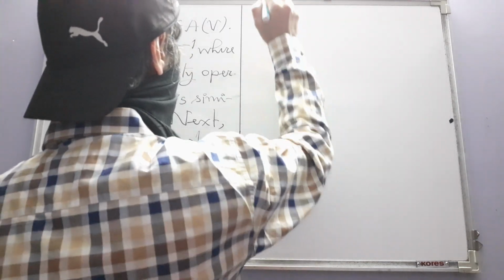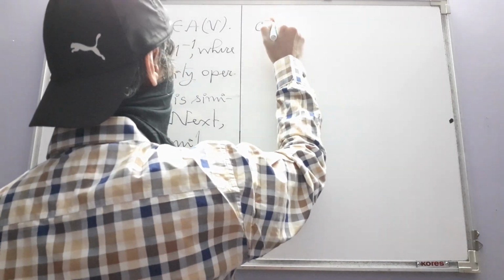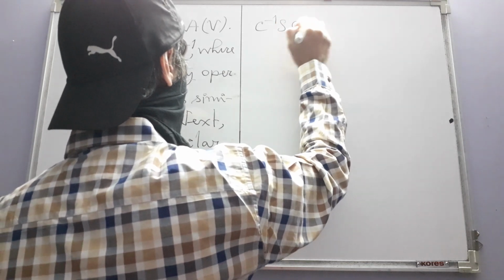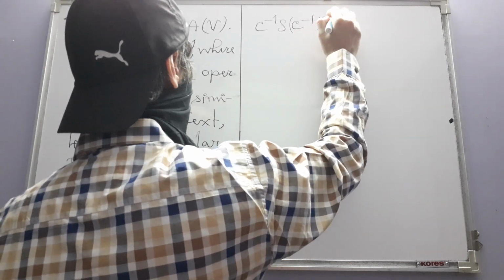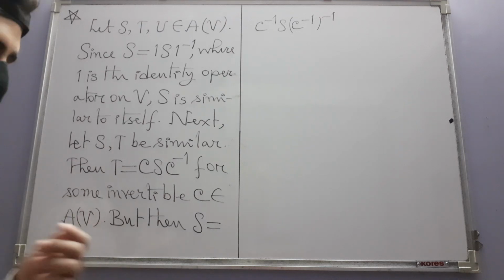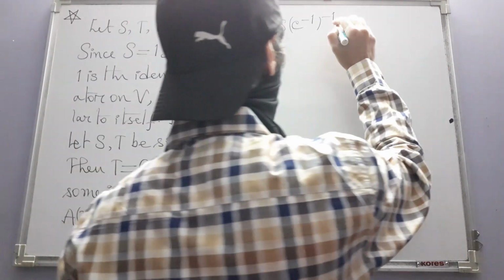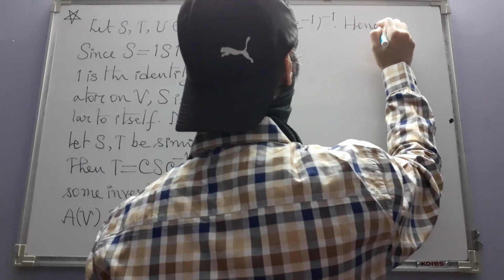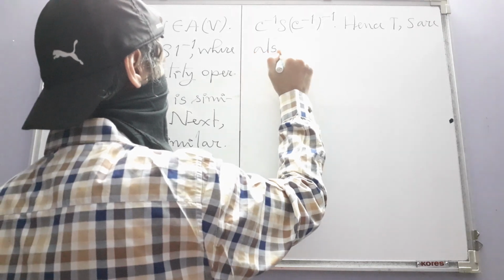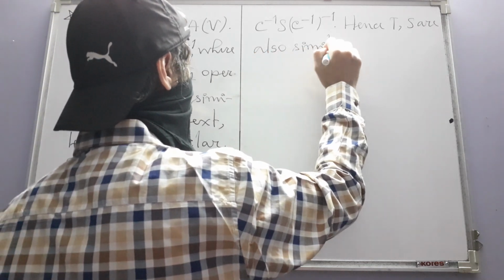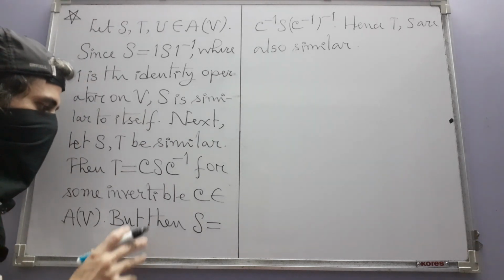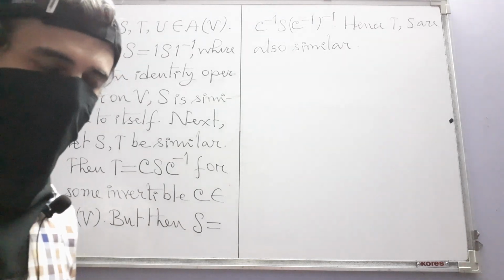So using that fact, we can write S is equal to C inverse T C inverse inverse, and obviously C inverse is also an element of this algebra, and that's why T and S are also similar. Okay, so that means our relation of similarity is symmetric.